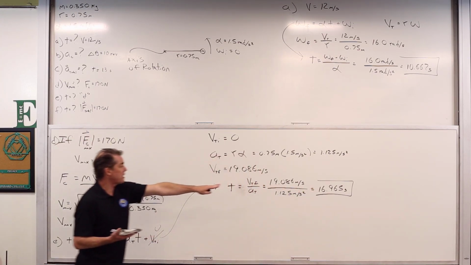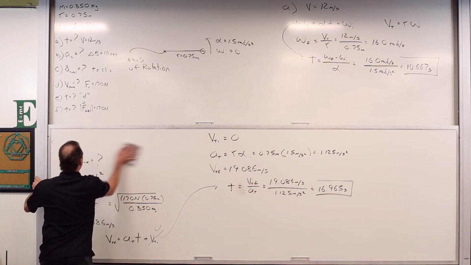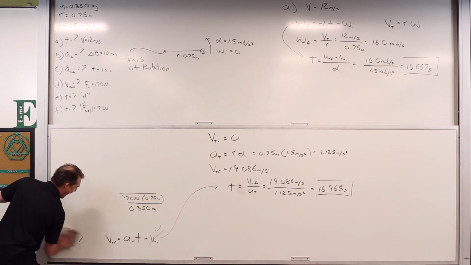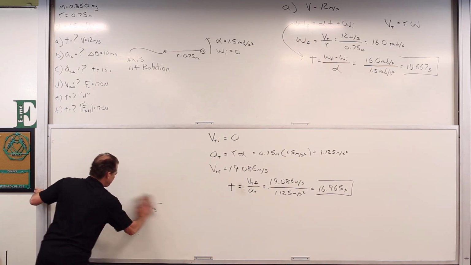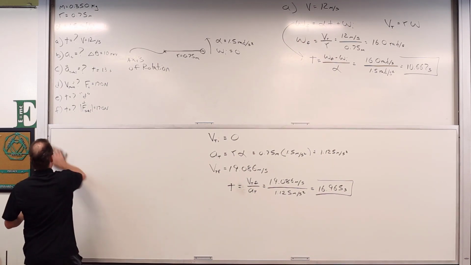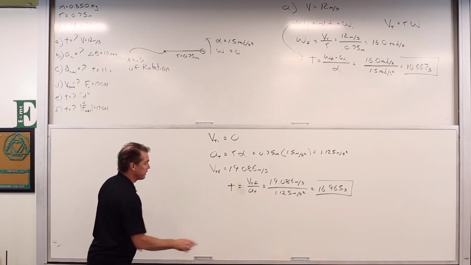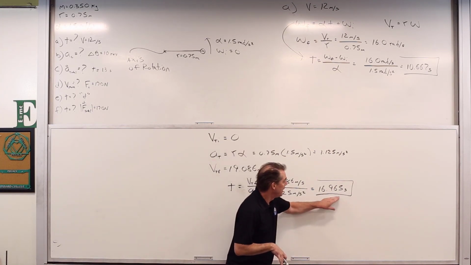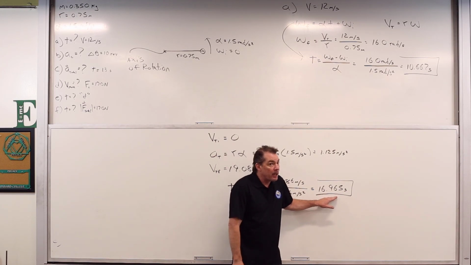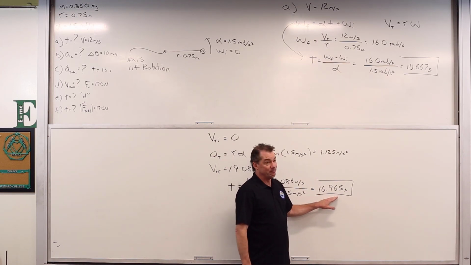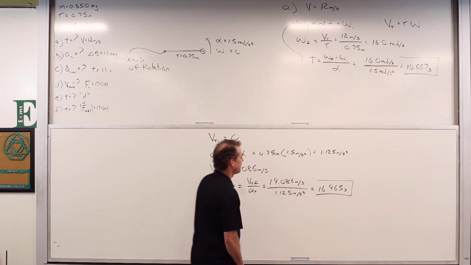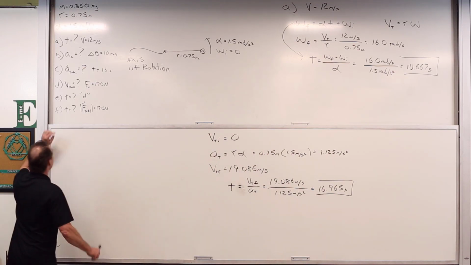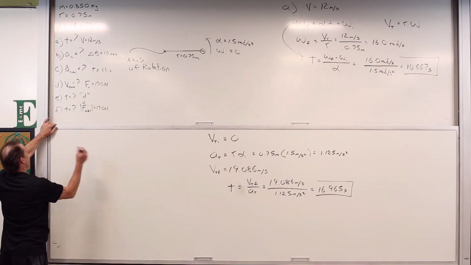So this is just to get the centripetal force. You should find that if we add in the tangential force responsible for the tangential acceleration, the total force being 170 newtons will occur at a time less than this. It's probably not going to be a whole lot less, but a little bit less. Let's see how many significant figures we get here. So when is the total force equal to this?